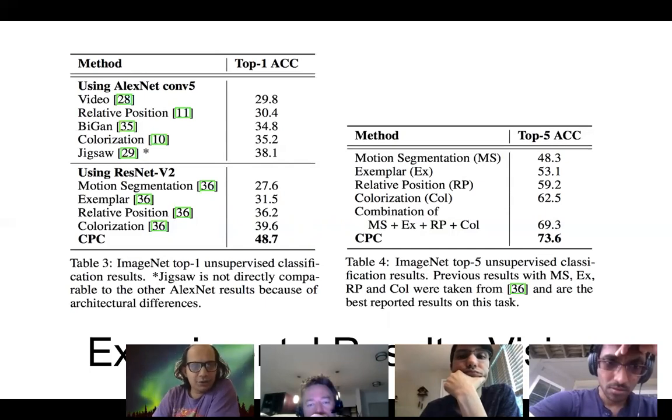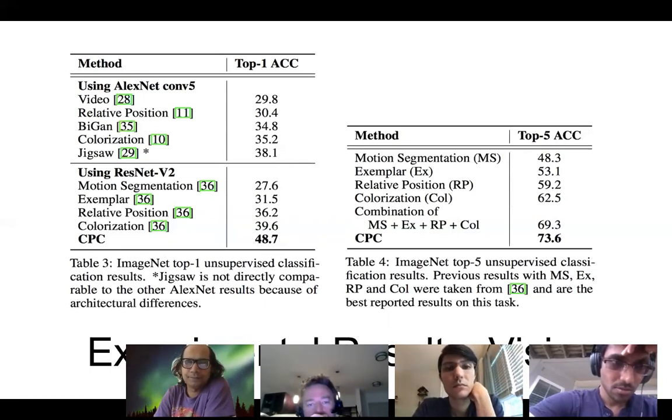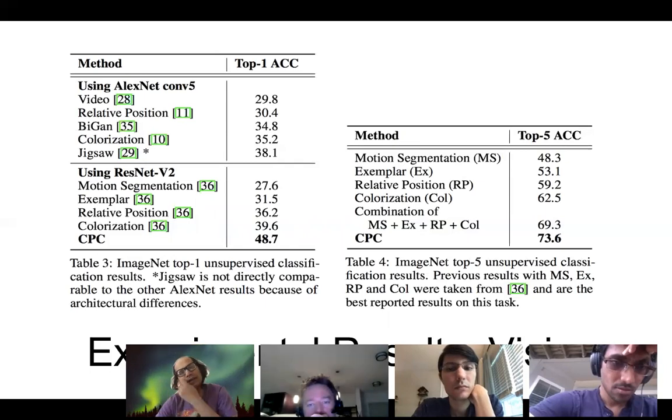They showed that for top 1 accuracy, CPC can give us 48.7% accuracy on ImageNet classification. So this is the idea of CPC.